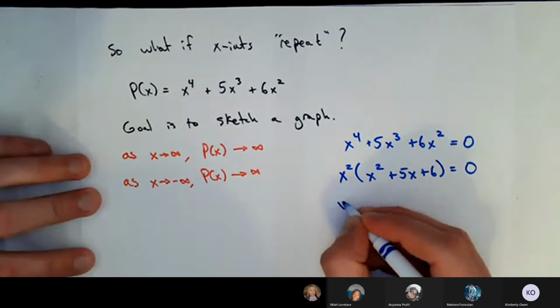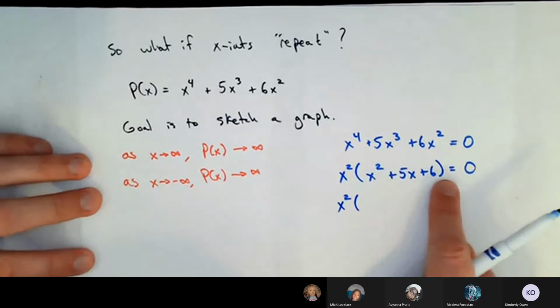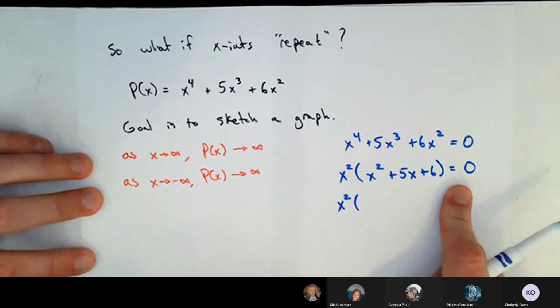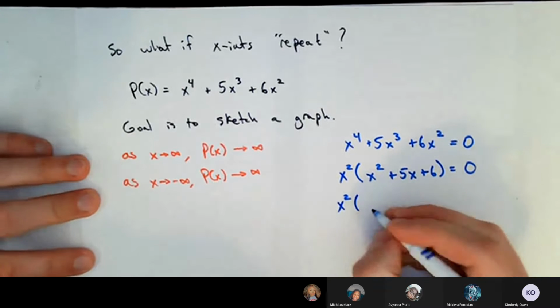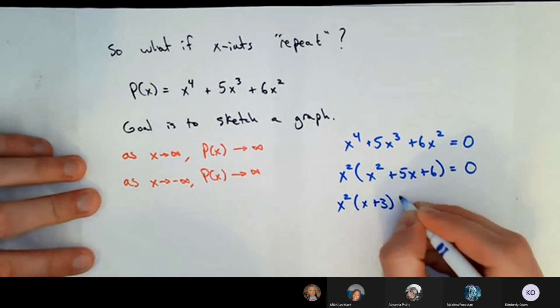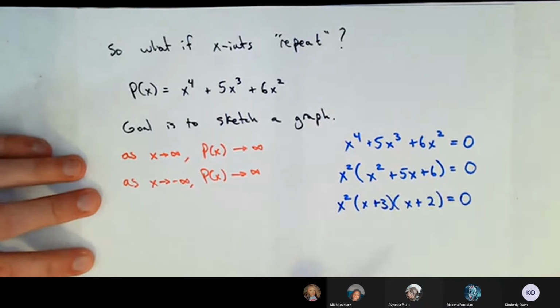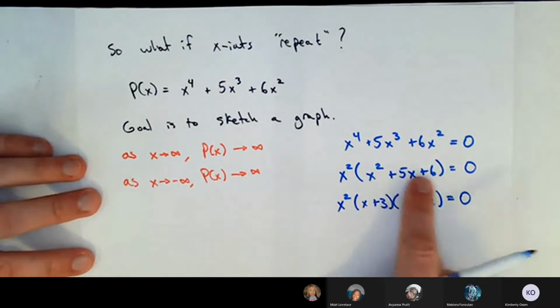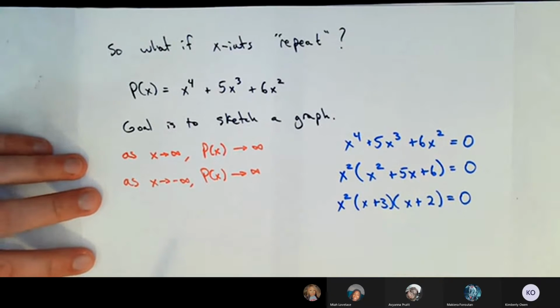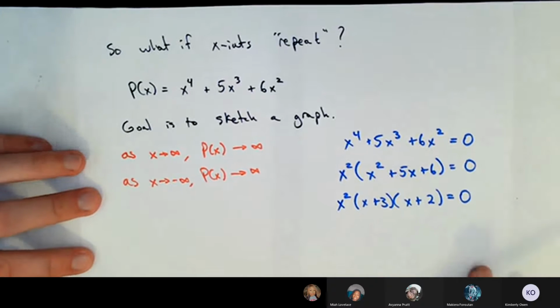And then I notice I can actually factor this because it's the one we just did, right? So this can factor very nicely into x plus 3 and x plus 2. This trinomial, and I'm just carrying the x squared down, factors into these two parts. And just recall, the way to get this is to think about two numbers that multiply to give 6 that also add to give 5, right?